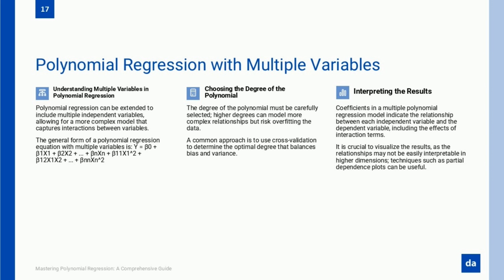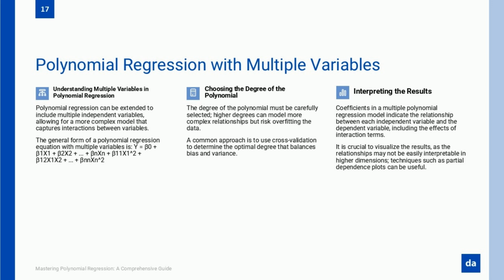This type of regression is widely used in engineering, economics, and scientific research, where multiple factors influence an outcome in a nonlinear way. In aerospace engineering, polynomial regression helps model aircraft aerodynamics by considering variables like air pressure, velocity, and altitude.